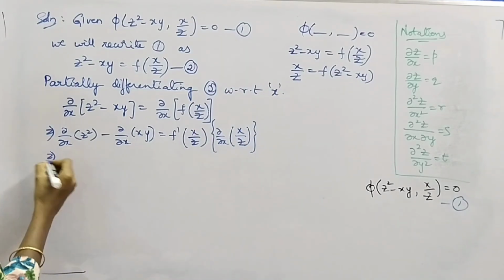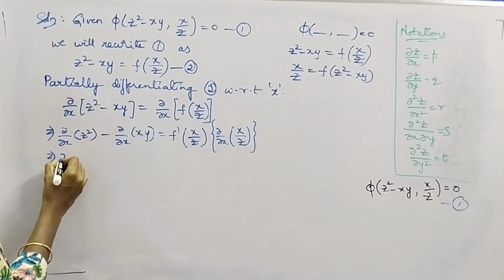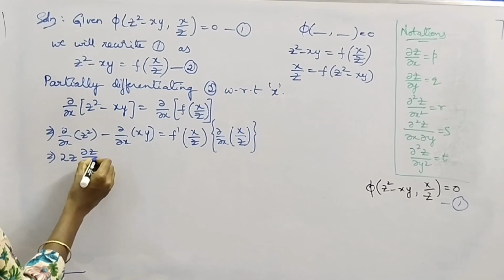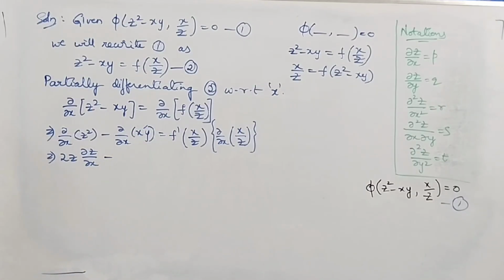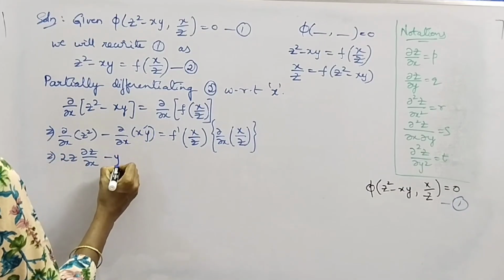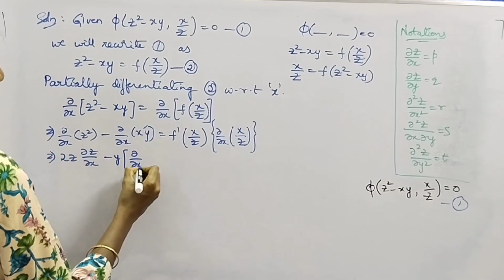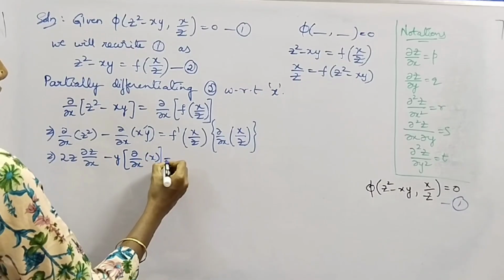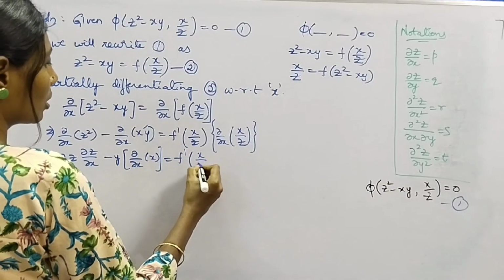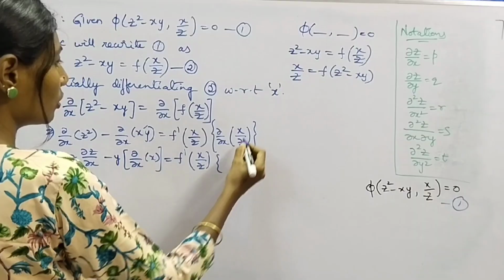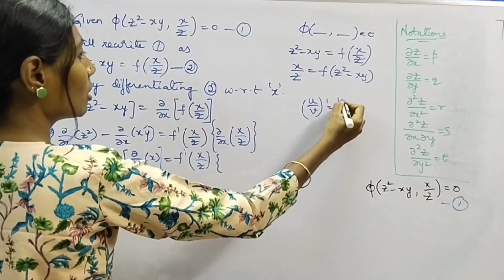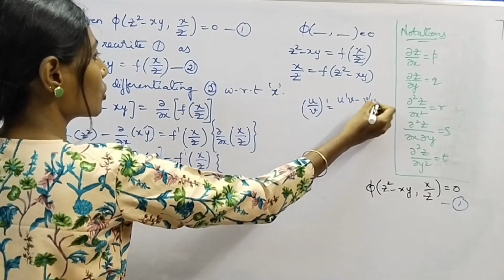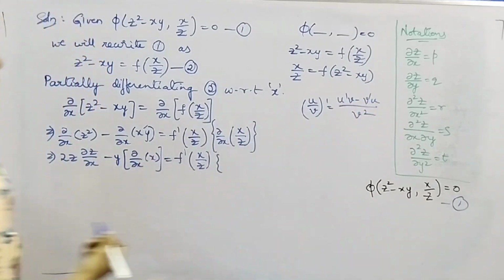The partial derivative of z square is 2z into dou z by dou x, minus y, which is treated as constant, into the partial derivative of x with respect to x, equal to f dash of x by z into, here we can apply the u by v whole dash formula. We all know this, right? u dash v minus v dash u by v square.